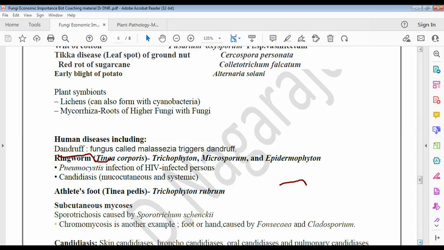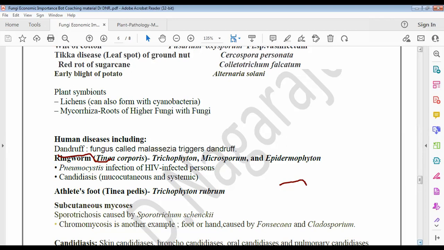Okay. And you know the ringworm, the round itches. That is also caused by the fungi. And pneumomycosis, where lungs are affected in HIV patients. And candidiasis is a very common disease, caused by Candida albicans.